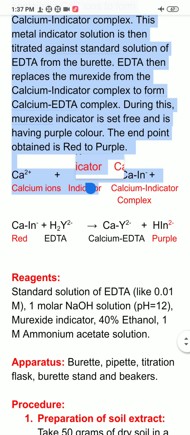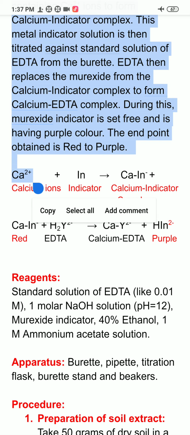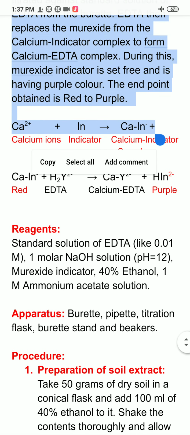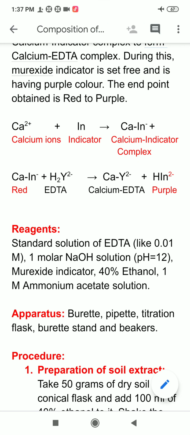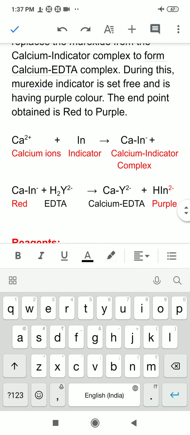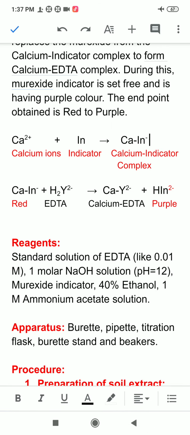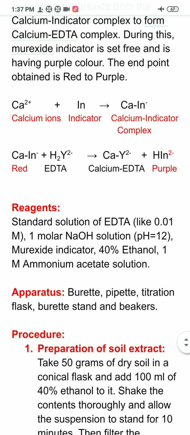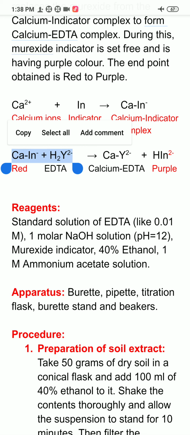This equation shows that calcium ions present in the soil react with indicator murexide to form calcium indicator complex. Now this calcium indicator complex then reacts with EDTA. EDTA here I have represented by H2Y2 negative, meaning we are using disodium salt of EDTA.